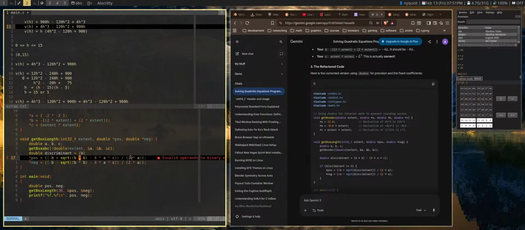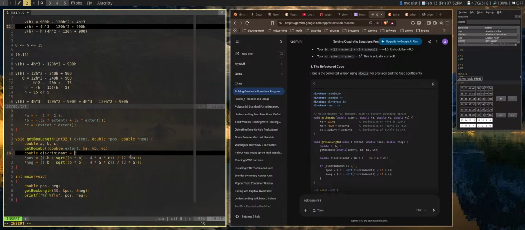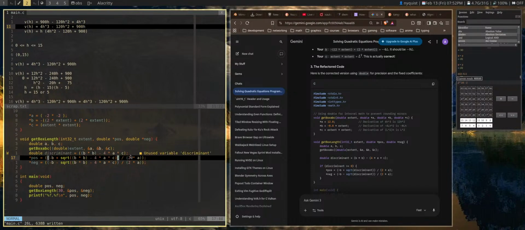And then just do, there we go. Discriminant.